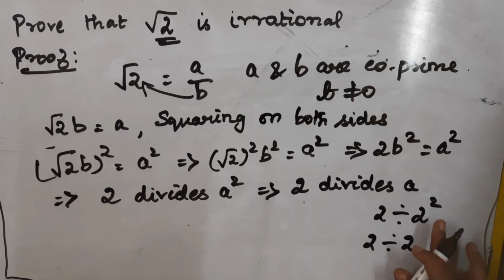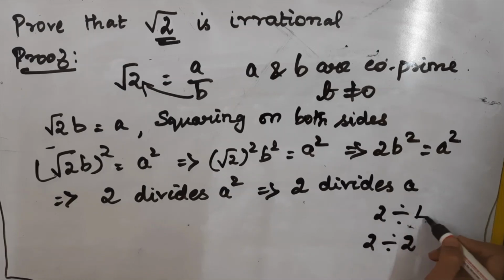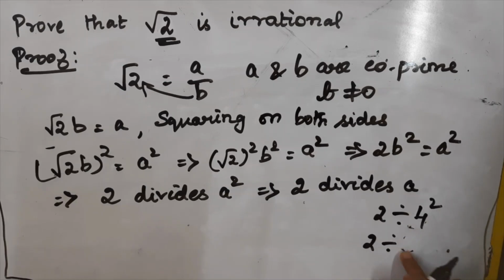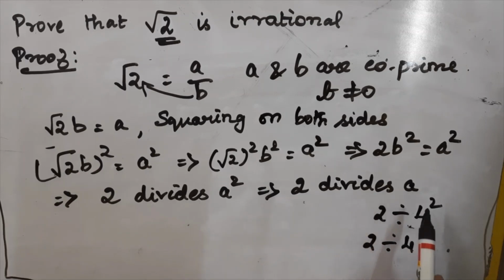I can take any number, for example 4 square. 2 divides 4 square, so it will surely divide 4 as well. That is a theorem which I will upload in some time: 2 divides a square, which implies 2 divides a as well.